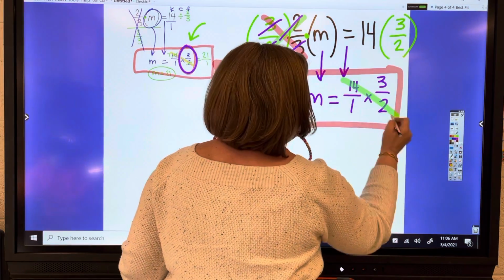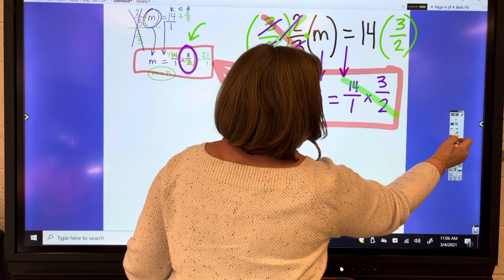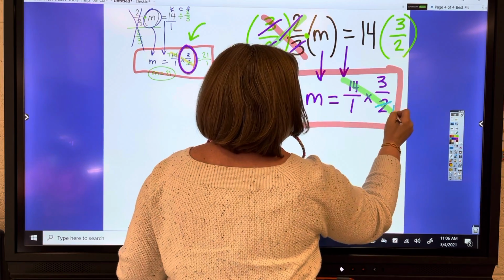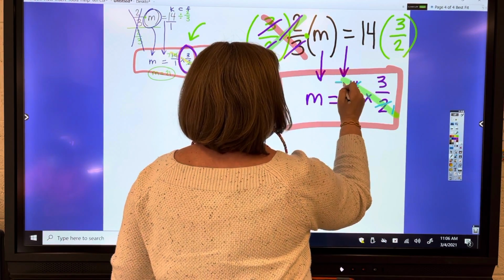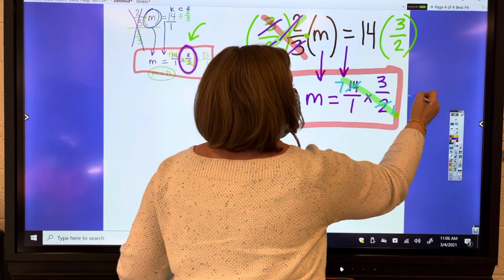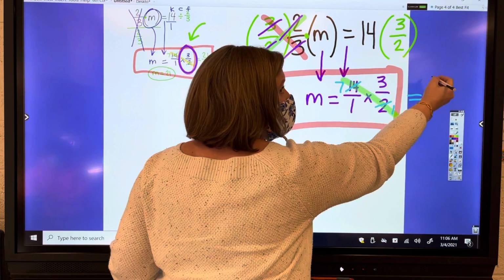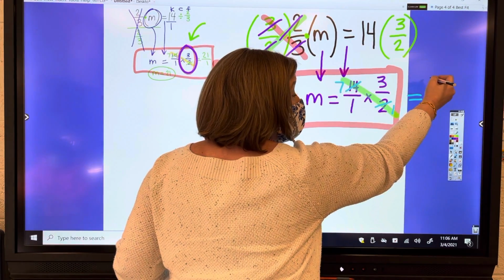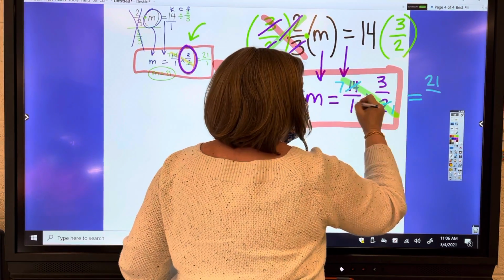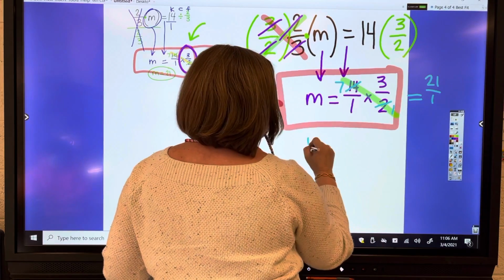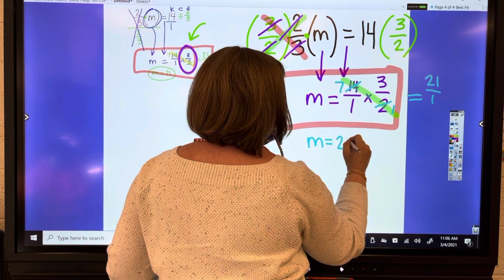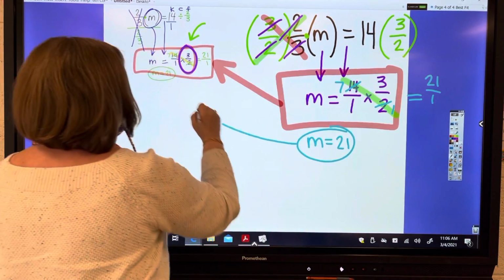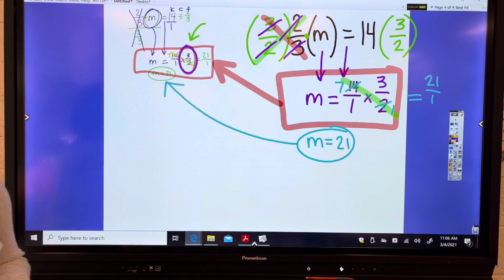The 14 and the 2. 2 will go into 2 how many times? 2 will go into 14 how many times? 7. So 7 times 3 is 21, 1 times 1 is 1, so m equals 21.